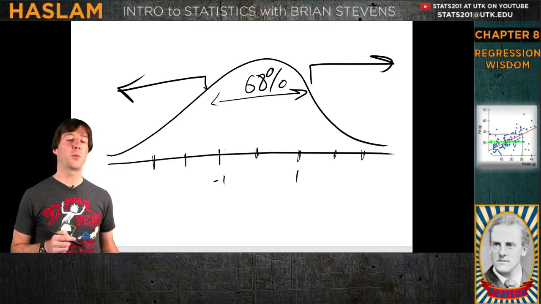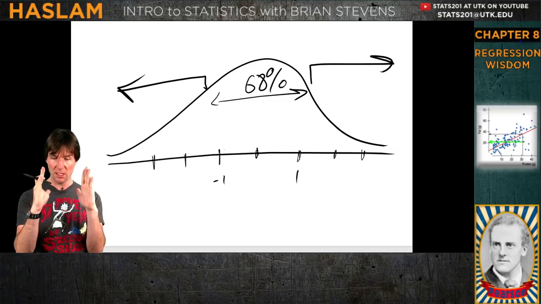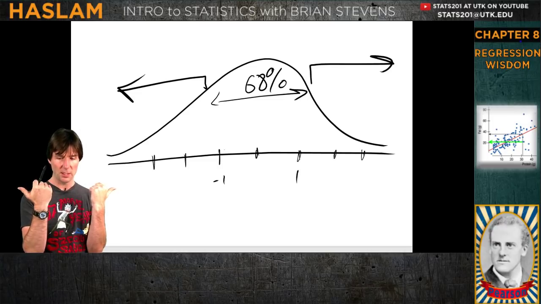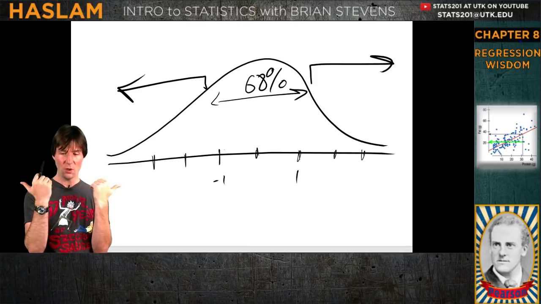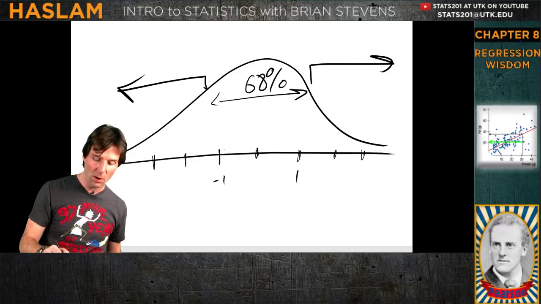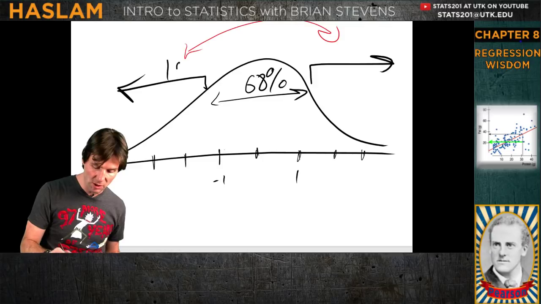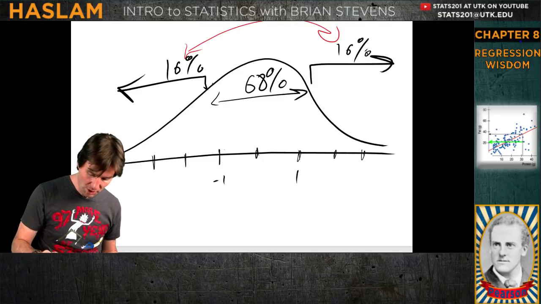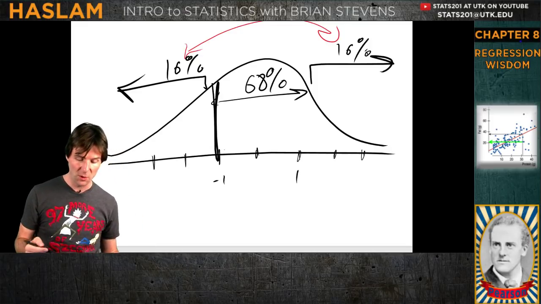If 68 is inside, total outside is 32, and then half of 32 is what? Because we're saying right here that all of this is 32, half of 32 is 16%, which means the portion of the curve from here below, I didn't draw it perfectly today, should be 16%.